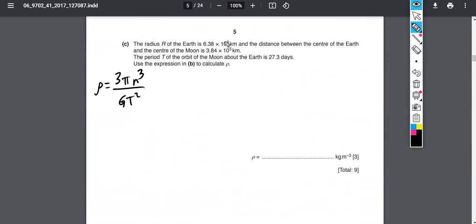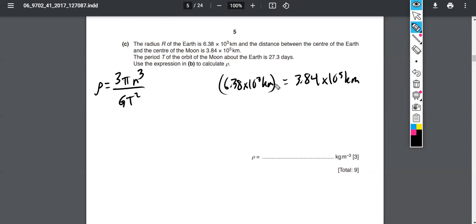So if we divide this number into that number, we're solving for n, right? It's like saying the entire distance from the Earth to the moon is 3.84 by 10 to the 5 kilometers. And we're saying the radius of the Earth itself is 6.38 by 10 to the 3 kilometers.